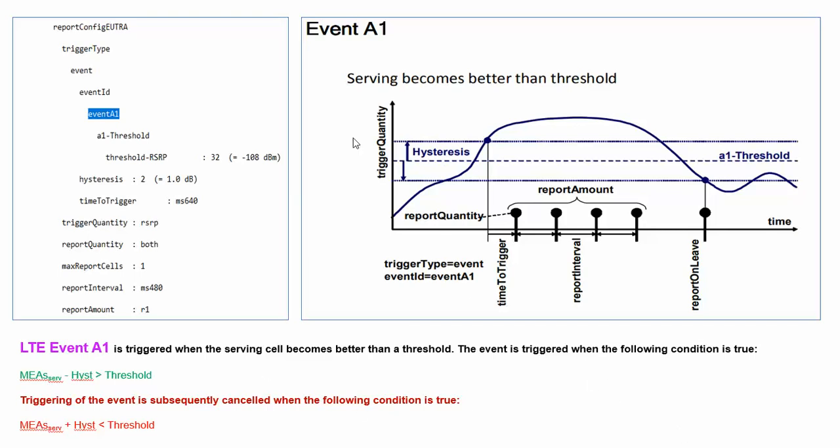Here in the snap, hysteresis means 1 dB goes high and 1 dB goes below.